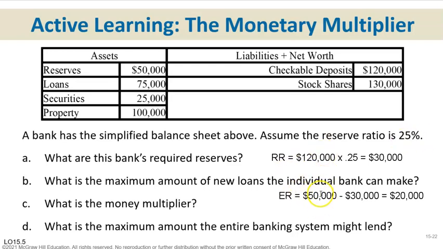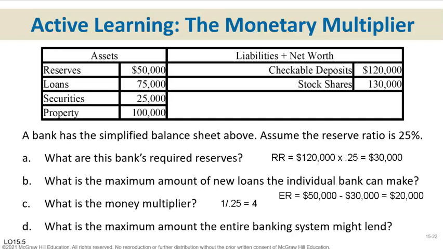Excess reserves is actual reserves. That's the amount that's listed under reserves on the balance sheet, so 50,000, minus required reserves, which we just solved for in part A. So 50,000 minus 30,000 tells us that this bank can lend out $20,000.